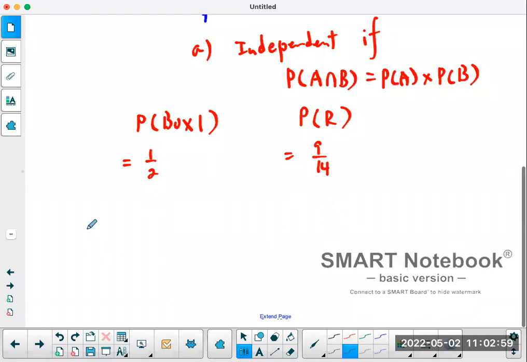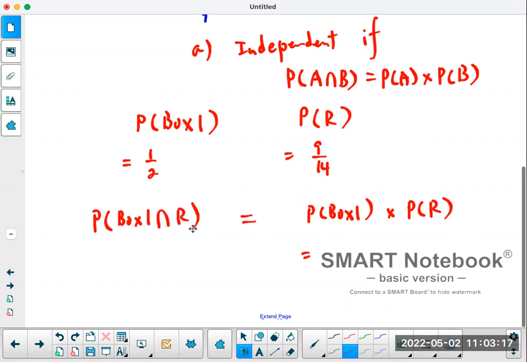If I multiply the 2 together, that's the probability of box 1 multiplied by the probability of red, and this should equal the probability of box 1 and red if they're independent of each other. So we need to check whether these are equal. If they're equal, then it's independent. If it's not equal, then it's not independent.